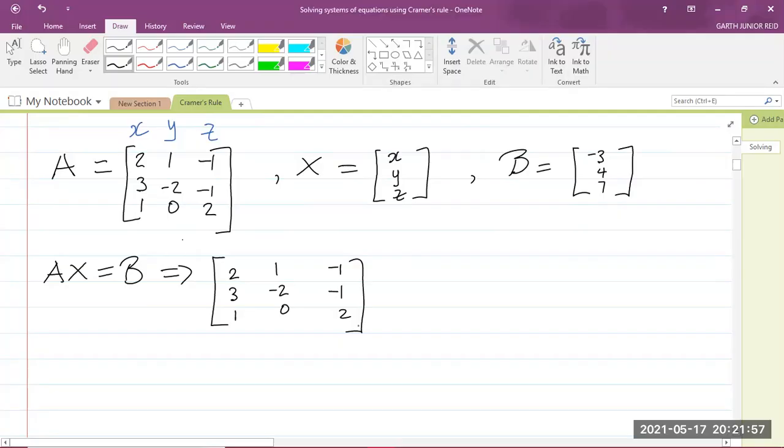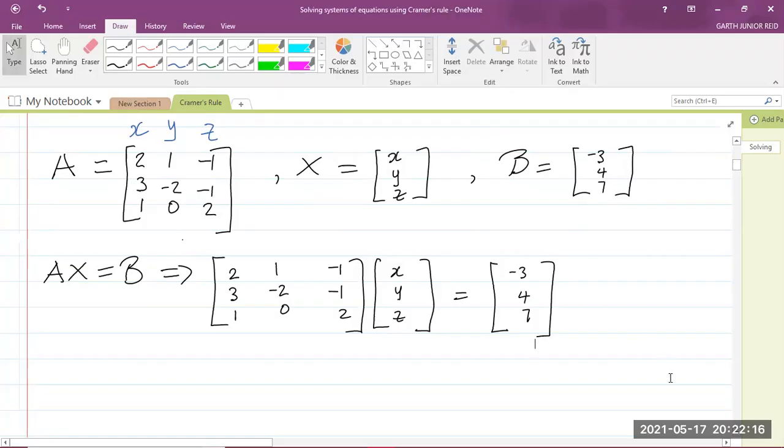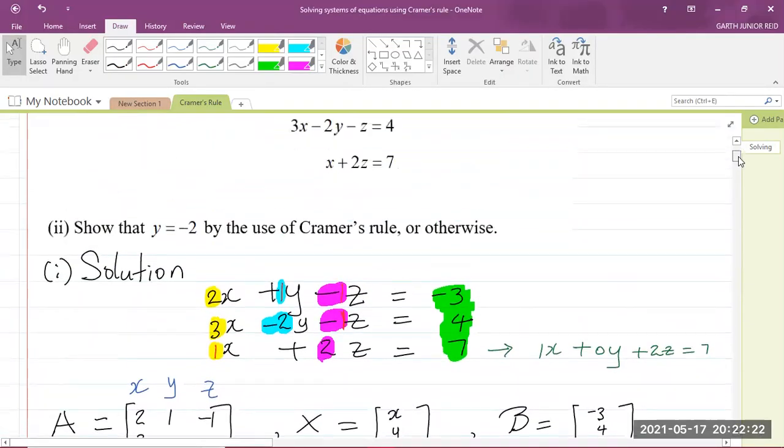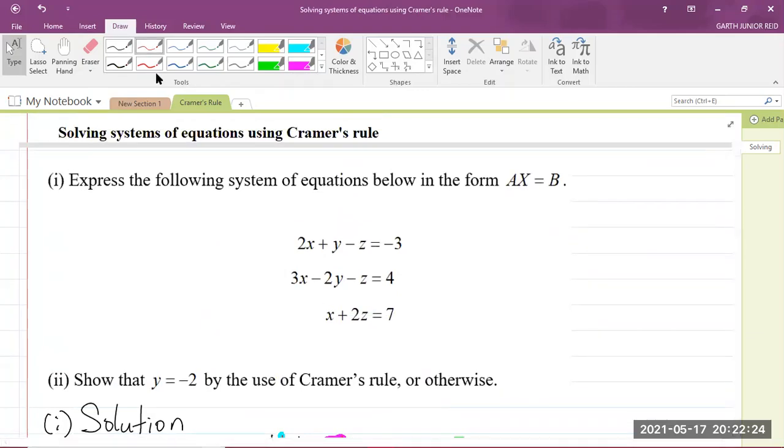And we're multiplying it by the matrix X, which is x, y, z, and that is going to be equal to the matrix B, which is -3, 4, 7. Okay, good. So we're now finished with part 1 of the question.